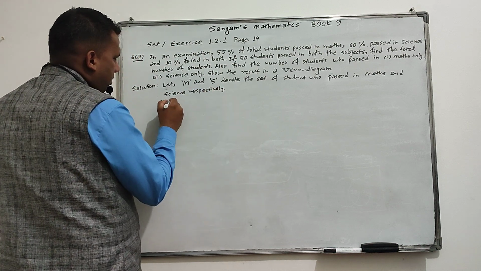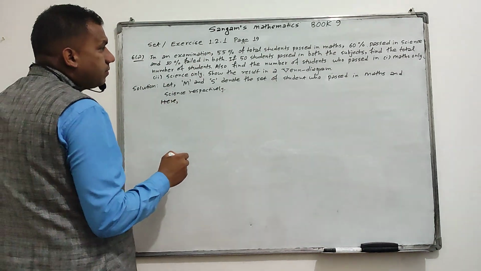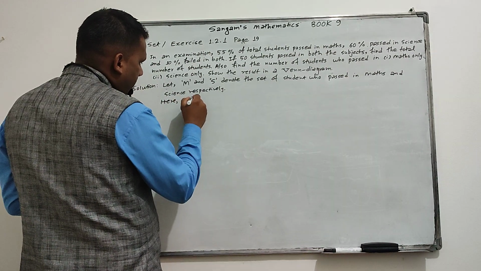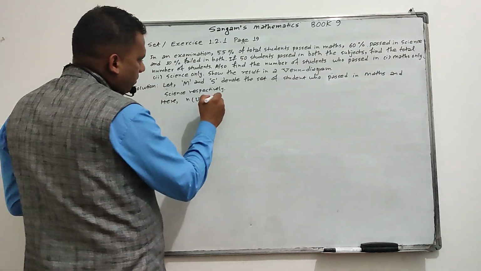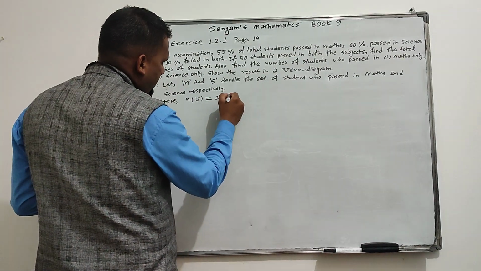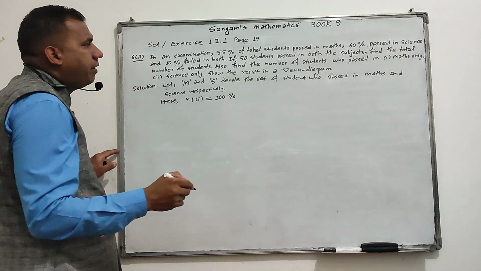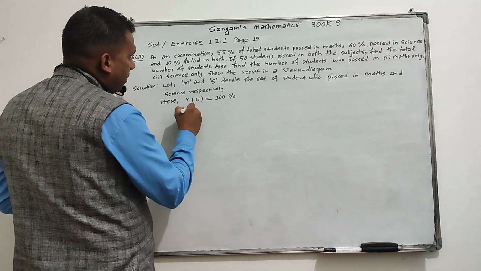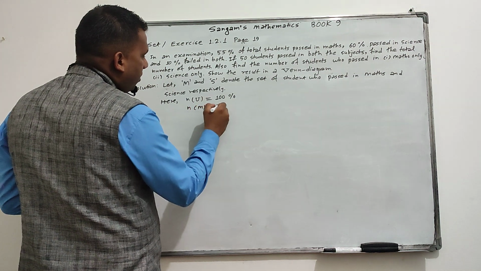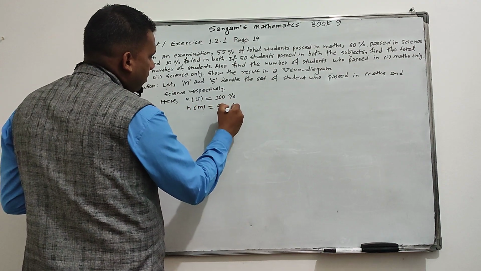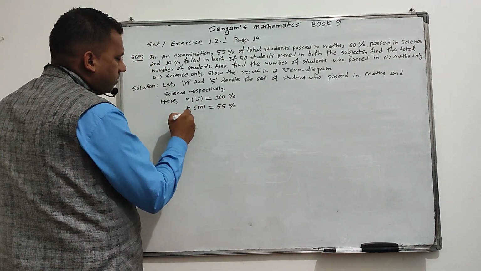Here number of U equals 100%. Number of M equals 55%.